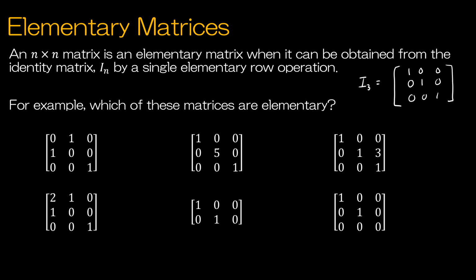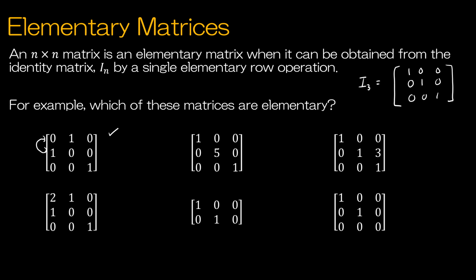So essentially we're asking the question, in looking at our first practice question, could I obtain this matrix by doing just one row operation to that identity matrix? And it looks like if I were to swap or interchange rows 1 and 2, I would get back to the identity matrix. So this is an elementary matrix.